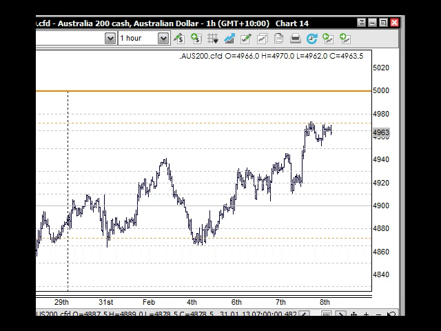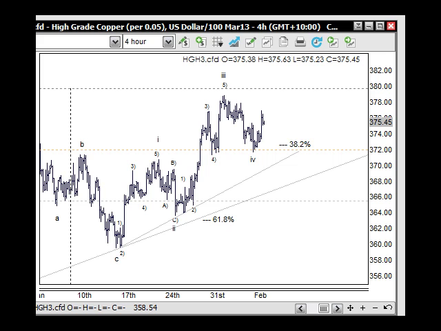So let's just have a look at the copper and the dollar. Okay, the copper market here, as you know, we were looking for a bounce off the 372, which has come about, as you can see. The move up from the bounce off the orange line is pretty much in three waves so far.